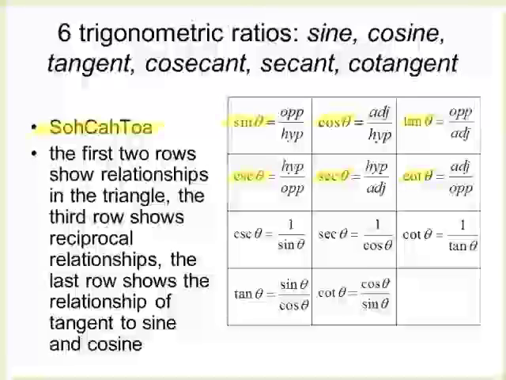The other 3 trig ratios are the reciprocals of the first 3. So if we take sine and flip it over, it becomes hypotenuse over opposite, and we call that cosecant. If we take cosine and flip it over, it becomes hypotenuse over adjacent, which we call secant. If we take tangent and flip it over, it becomes adjacent over opposite, which we call cotangent.